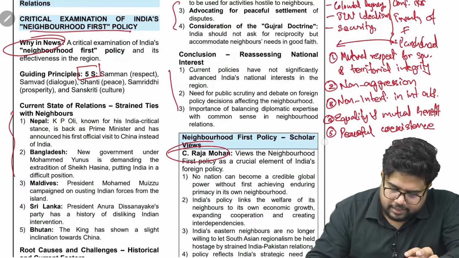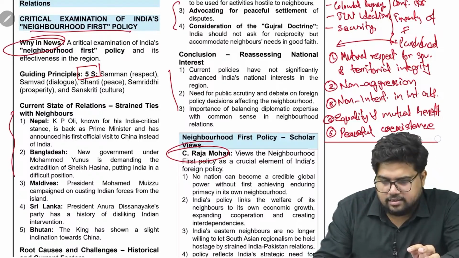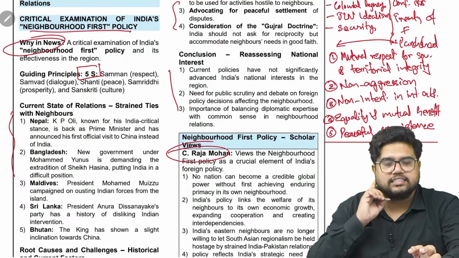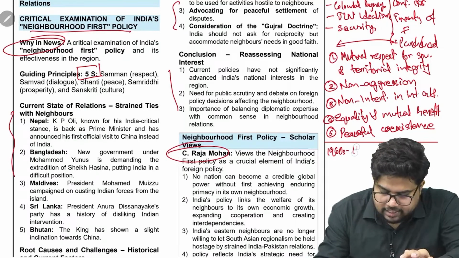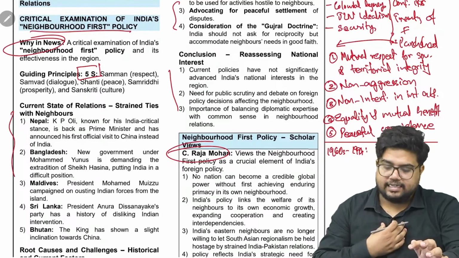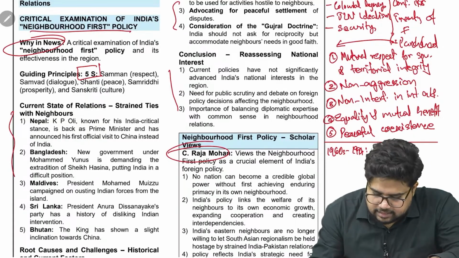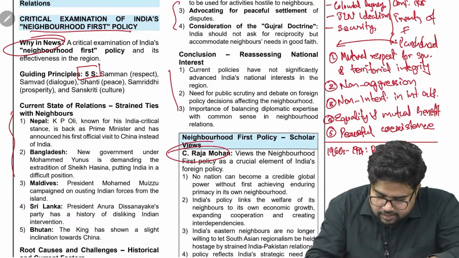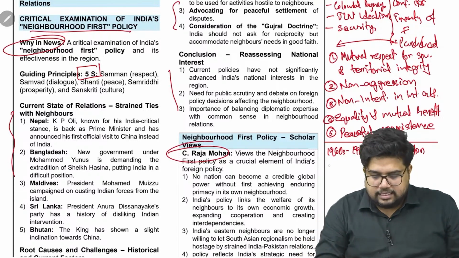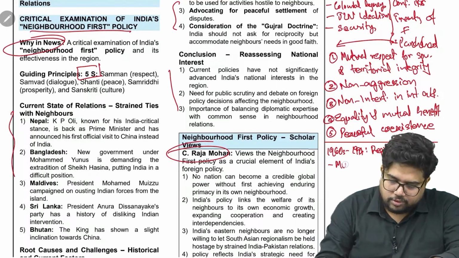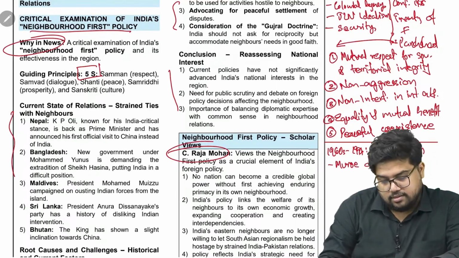Now, a defining or changing moment in India's foreign policy came after the 1962 India-China war. From the 1960s to say the 1990s, we changed our policy from idealism to regional assertion. So India is trying to be a dominant player in South Asia. This doctrine is called the Monroe Doctrine.